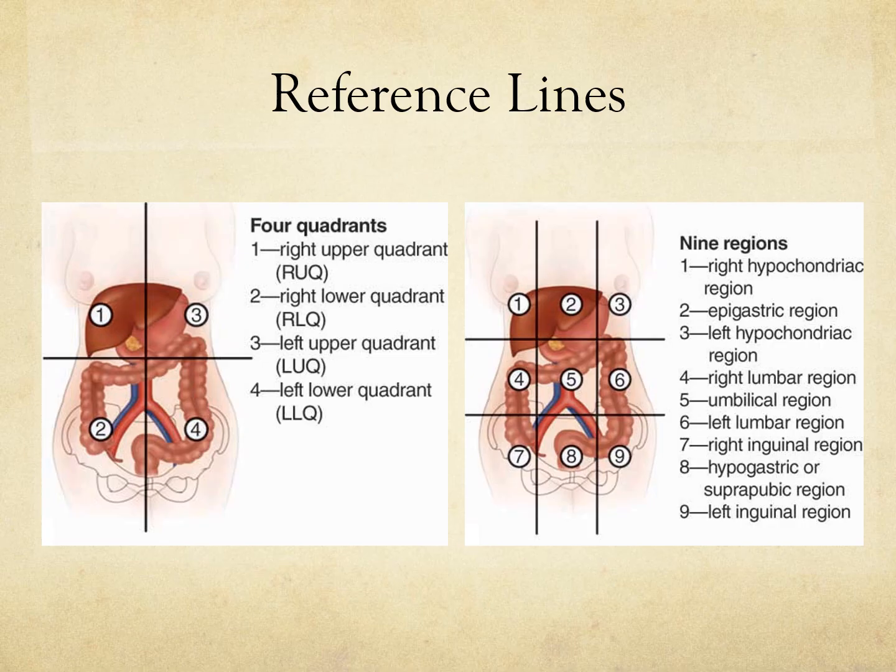The image on the left shows the four abdominal quadrants, which is the system you'll probably use most often in clinical practice. The abdomen is divided into right upper quadrant, right lower quadrant, left upper quadrant, and left lower quadrant. You'll use these quadrants constantly when you're documenting pain, tenderness, bowel sounds, distension, or masses in your abdominal assessment.